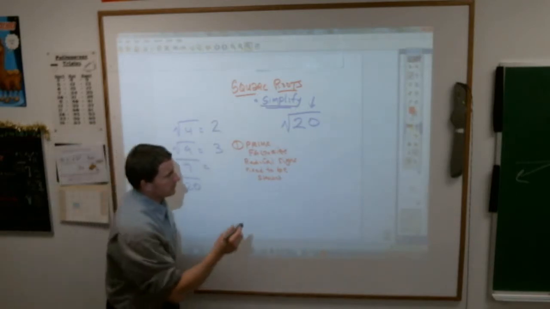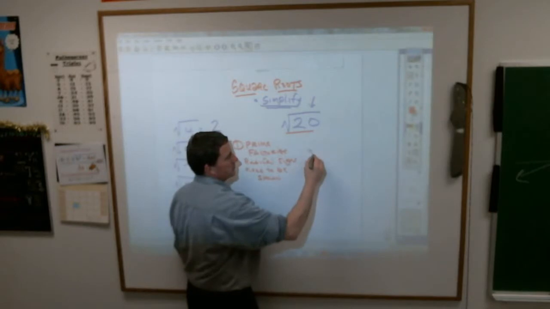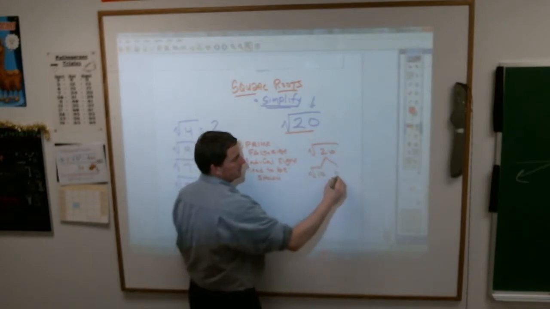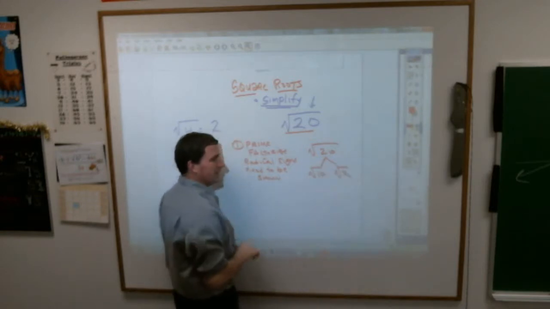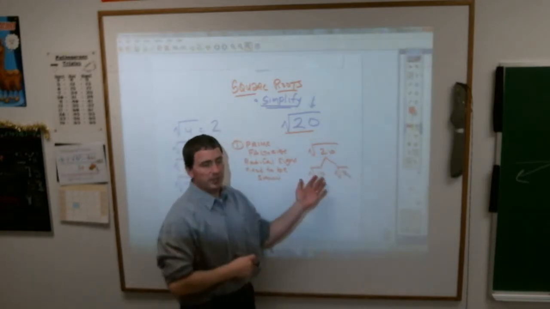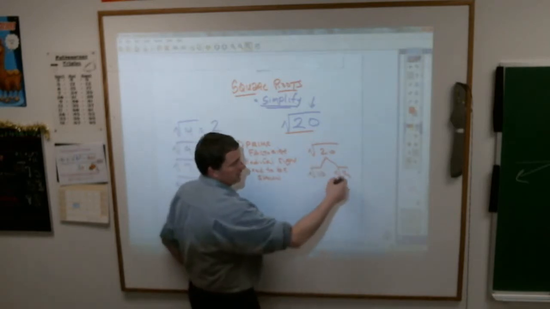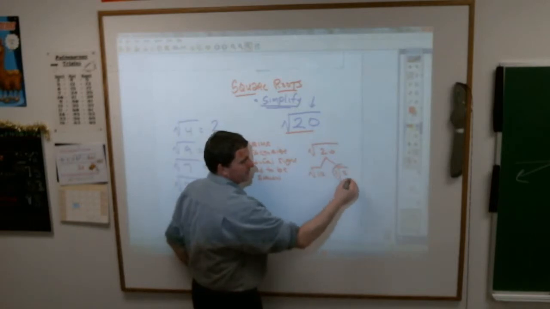By that I mean this. When I prime factorize the square root of 20, the square root of 20 breaks down into the square root of 10 times the square root of 2. Radicals are just like numbers. You can break them apart by dividing or multiplying them. And this one, 2 is a prime number, so I can stop with that.